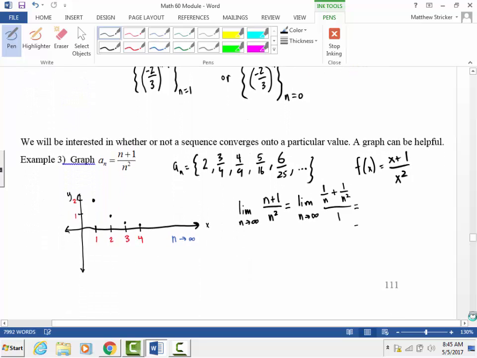All right, so we get 0 plus 0 over 1, which is 0. And does that match what we suspected from the graph? Yes. So looking over here at question number 2, what does it mean for a sequence to be convergent?